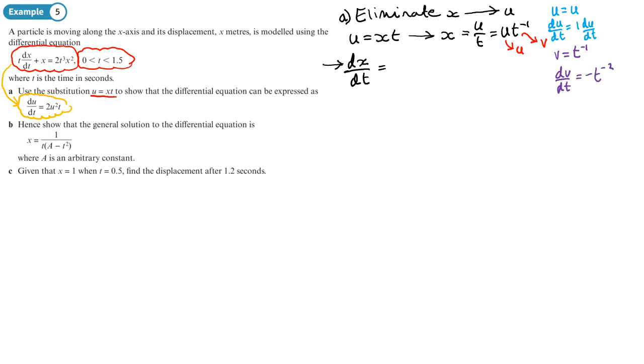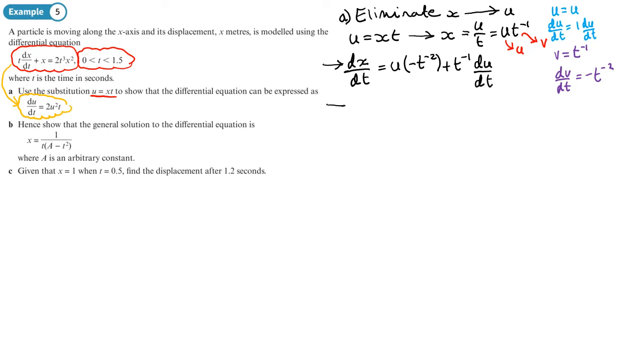So now I'm ready to put those in. So u, which is just u, times by v dash, or dv dt, that's going to be minus t to the minus 2. And the other part of the product is going to be v times by u dash, or du dt, so that will be t to the minus 1, or 1 over t, times by 1 du dt, or just du dt.